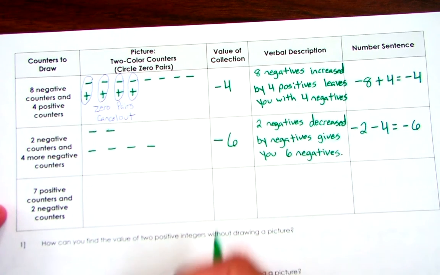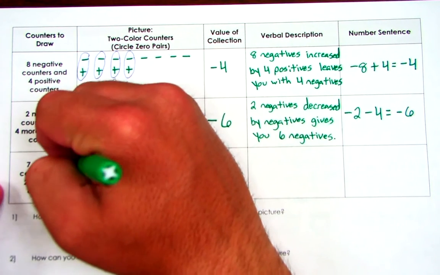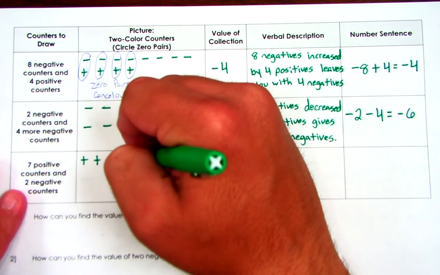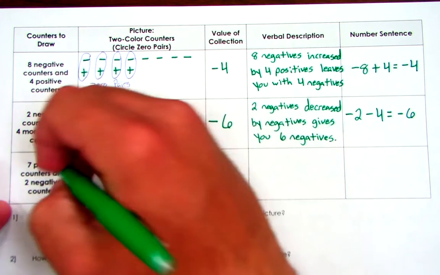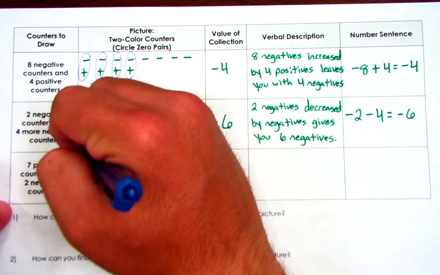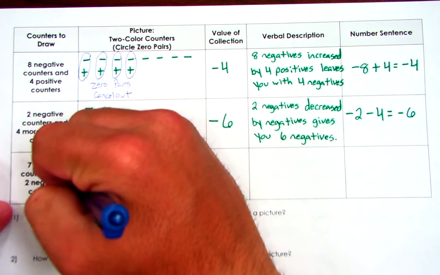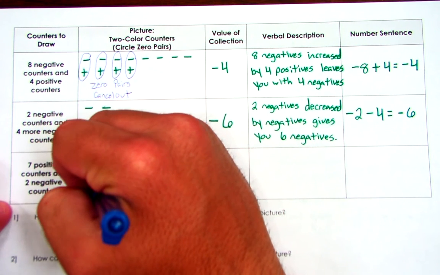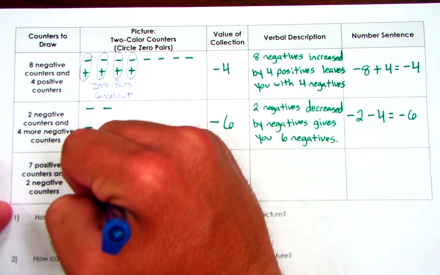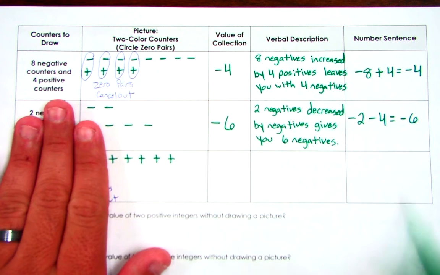Alright, last one, because I'm not going to worry about those 3 questions on the bottom. Let's look at this last one. 7 positives, two negatives. Uh-oh. We have to go into battle. These two guys went into battle. They zeroed each other out. What was I left with? I was left with 5 positives.